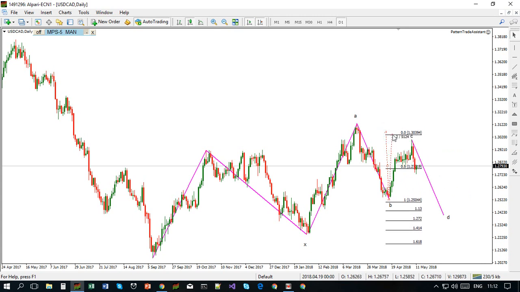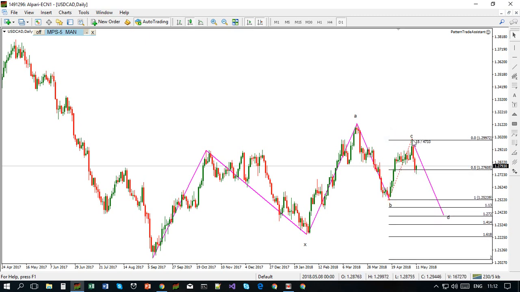Yes, and we need this to be at C point, and this one should be at C point as well. So this one is an extension, inversion extension of C to B leg. So what we need is the 127 extension, and you see this AB equal CD movement coincides with this 127.